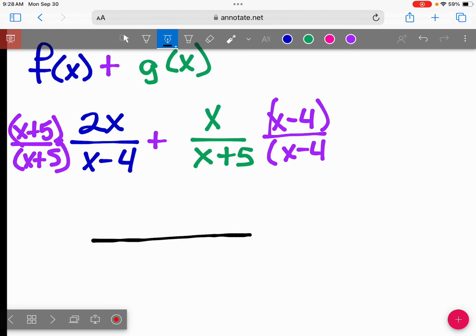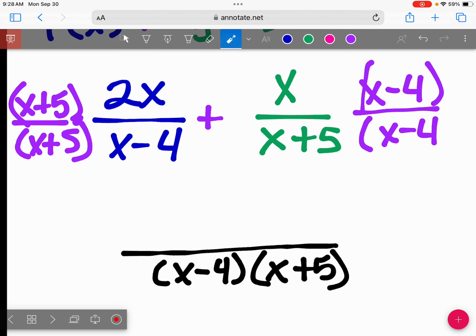So my denominator is x minus 4, x plus 5. And we are going to multiply out our numerators. So what do we get as our numerator over here?